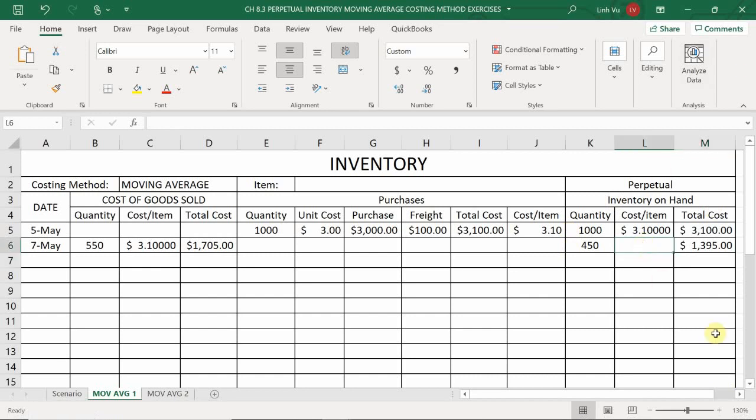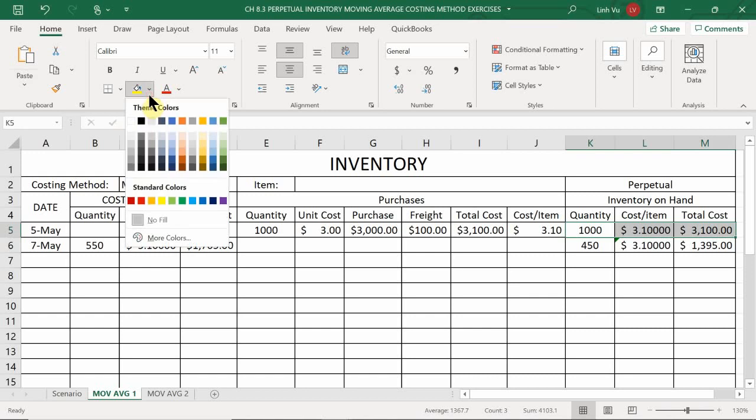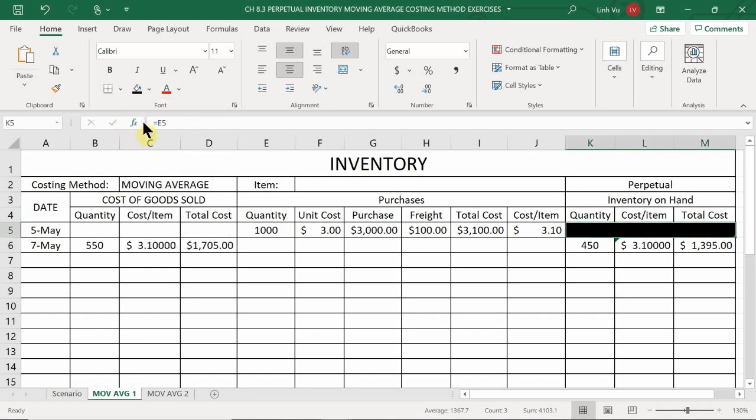So in this case, I'm going to run my formula once again in the middle to get still $3.10. And I'm going to take this number here. Since I don't have this amount anymore, I'm actually going to block it off, because I'm going to be carrying the numbers across anyway.